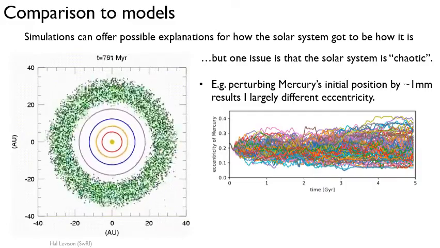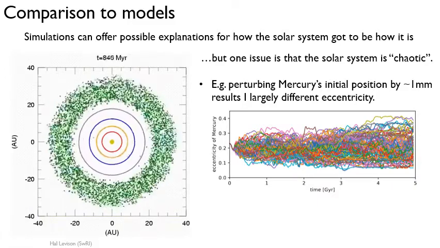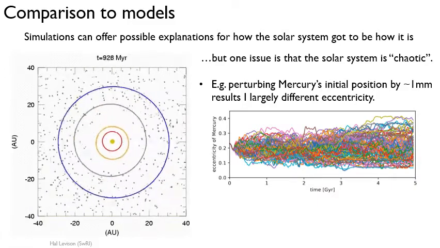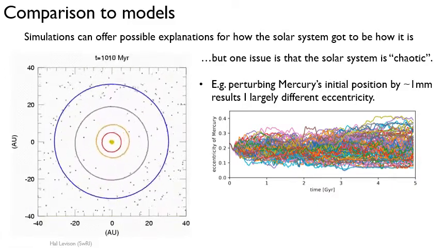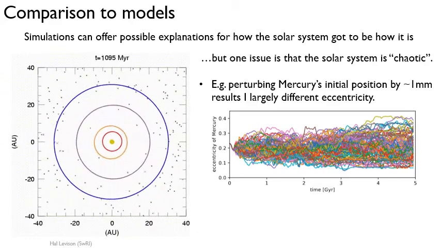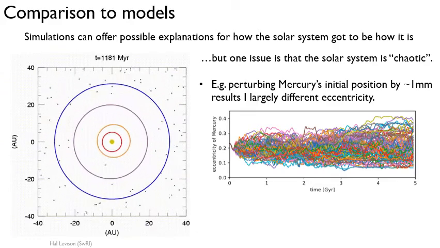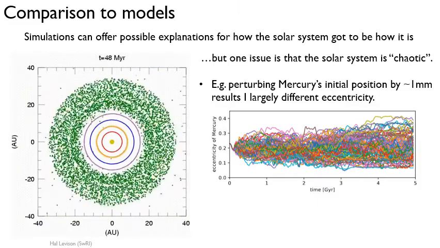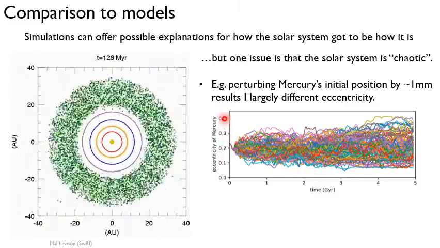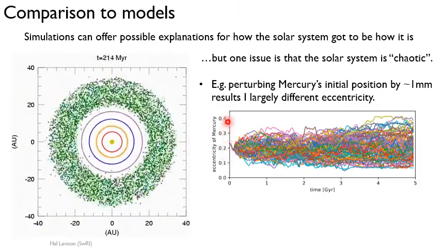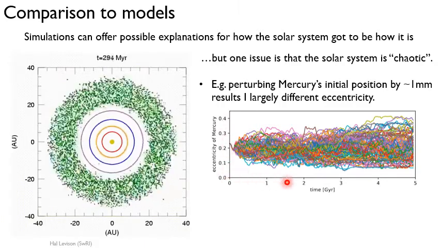So, for instance, you can model the solar system over time, and very small changes in the initial conditions will result in very different overall results. What's shown here is the eccentricity of Mercury. Remember, this is how elliptical an orbit is, over time.